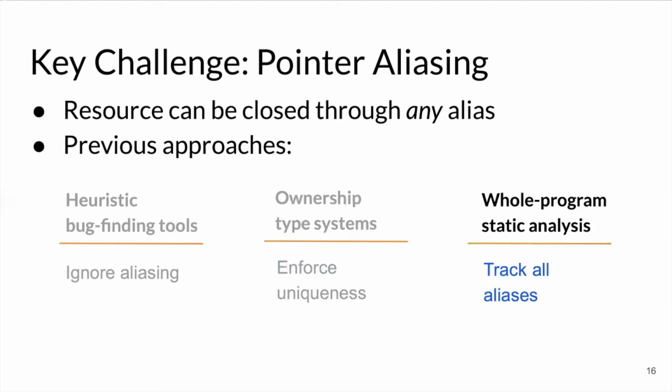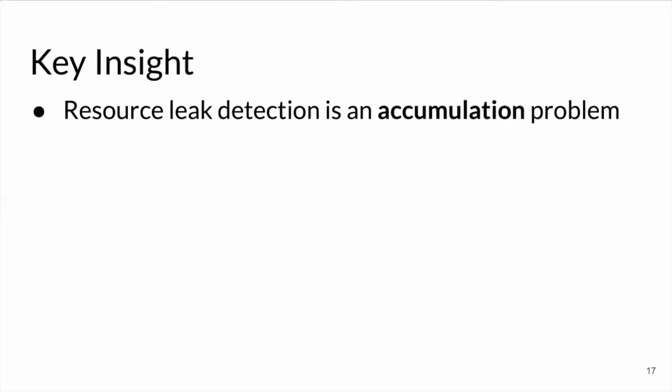The other approach is whole program analysis that tracks all aliasing, which is too slow for large-scale Java programs because tracking all aliasing is expensive. So all of these previous techniques are either unsound, imprecise, inapplicable, or slow.